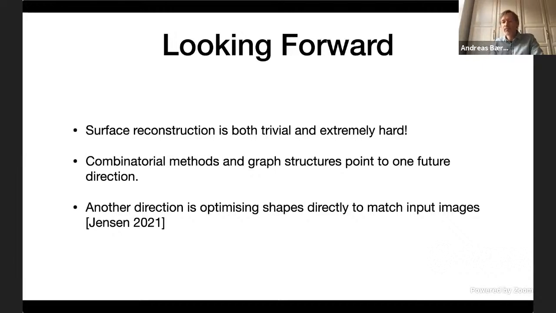So basically sidestepping the whole issue of points. And in fact, some of my colleagues have recently published on how to use differentiable rendering for reconstruction from structured light. And with that, I'm done.